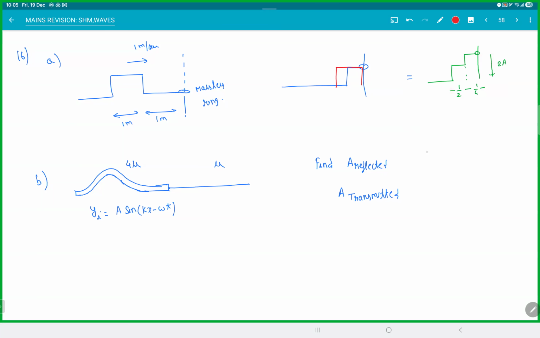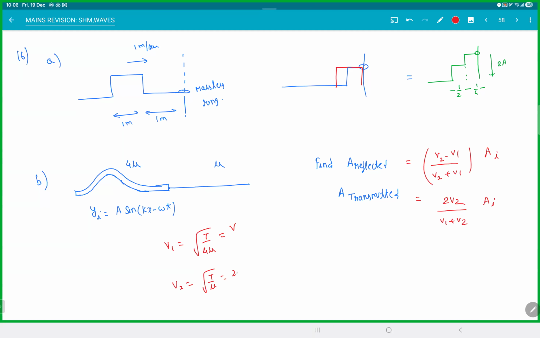And I hope you remember the formula for this. A reflected is V2 minus V1 by V2 plus V1 into A incident. A transmitted is 2V2 by V1 plus V2 into A incident. Check out the notes, direct results. So here V1 will be the left one, root over T by 4 mu. You can take it as V, then V2 will be root over T by mu.